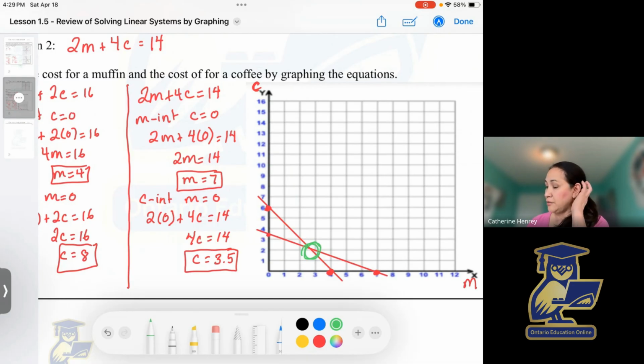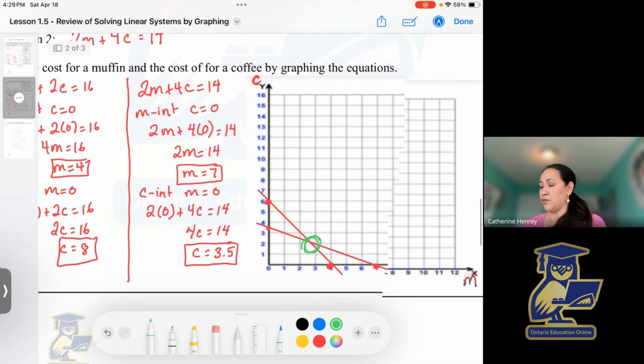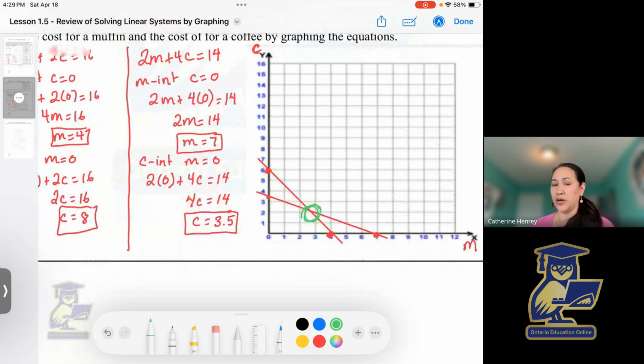All right. And again, just due to my drawing, if I had a ruler, which I hope you guys are working with, it'll be a lot easier. I'm going to estimate this intercept to be 3 and 2. So let's go back to the problem and see, well, what does 3 and 2 mean? Well, remember 3 was the muffins.